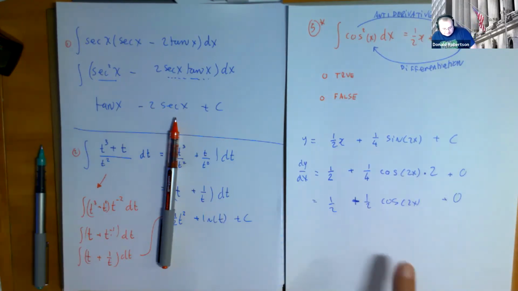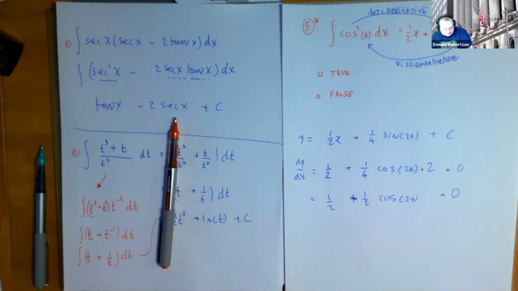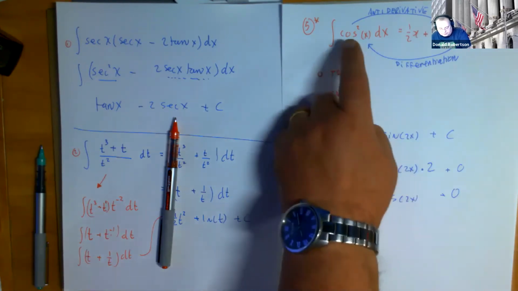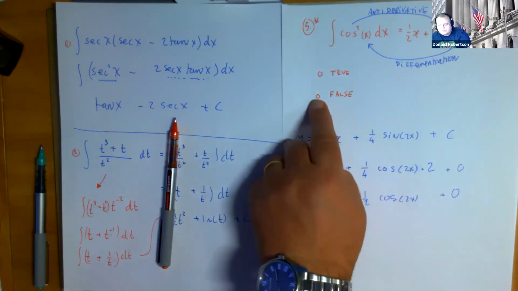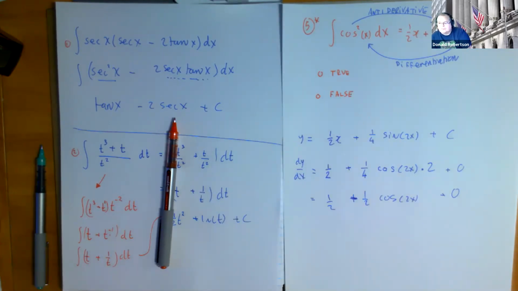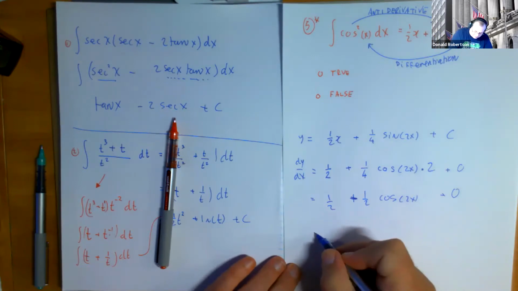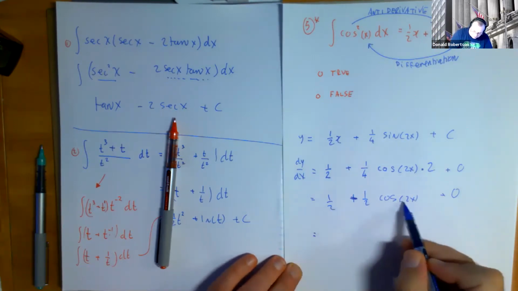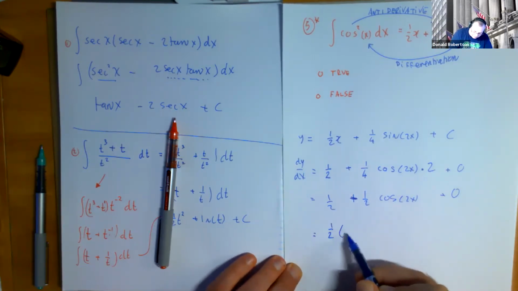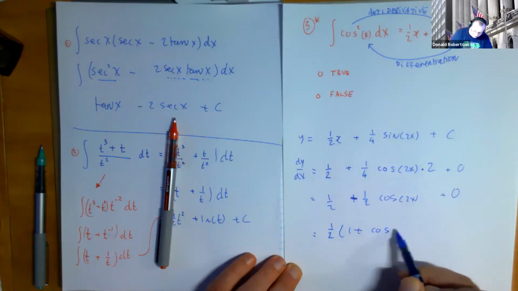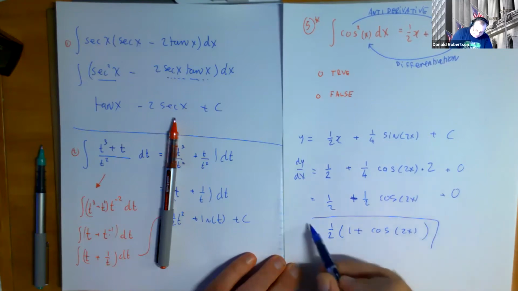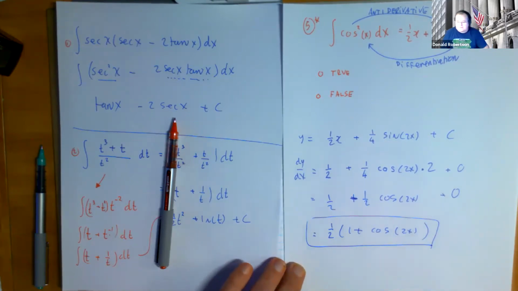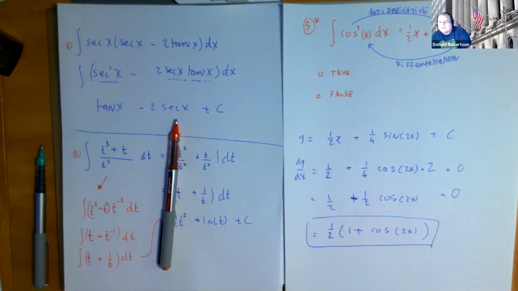Now, you're going to look at that and you're going to say to yourself, that does not look like cos squared x. And you will hit the false box, but you will be wrong. And let me try and show you why. If you pull out a common factor of a half, you get that guy. Does anybody recognize that that guy is one of the weird trig identities?